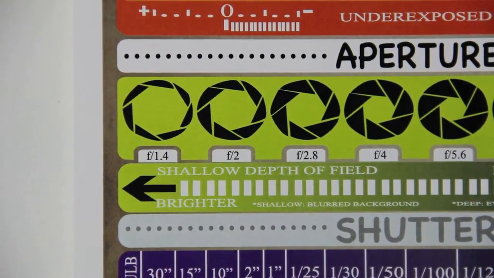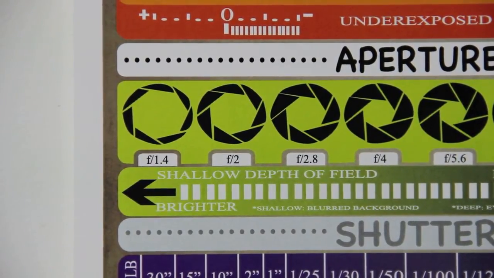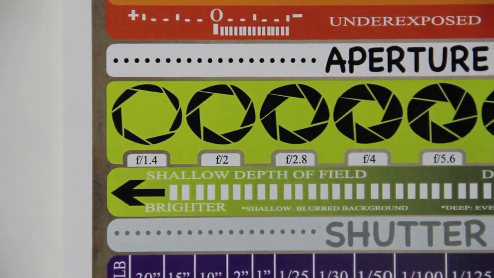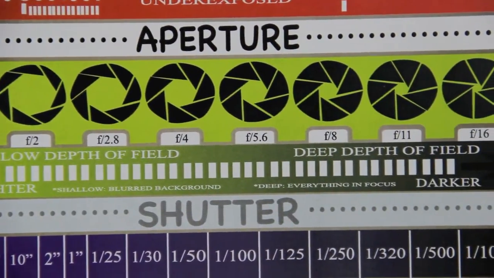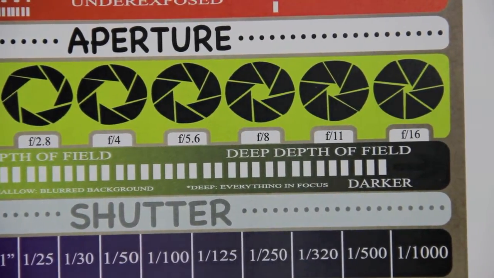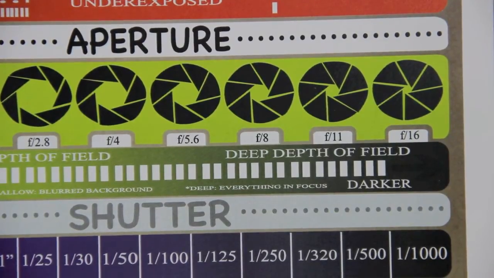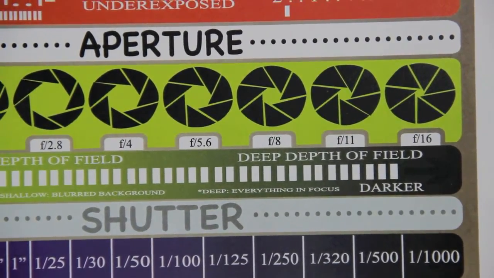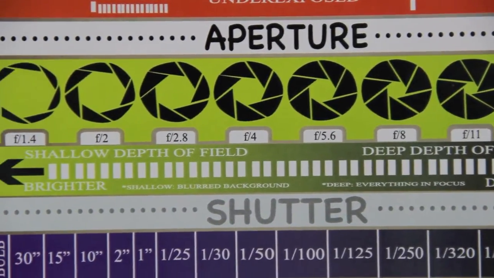So if you want to blur your background out and keep your subject in focus, you're going to be at 1.4. Reverse to that, if you want a lot of the background in, including your subject, you want everything in focus, then you go with a higher aperture setting, f16, f11. Again, this all varies depending on how much light you have and what your exposure reading is.